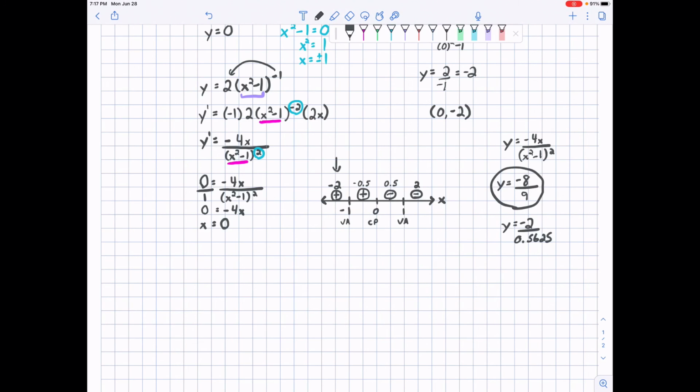So you may be asking yourself, how does this help me create a diagram? Well, I'm going to draw a little x-axis here. And there's another video on using the second derivative and putting it all together. But just so we can see how this works, I know I've got my vertical asymptote here, and I know I've got my vertical asymptote here. Here is my y-axis, and as we figured out above, I have a y-intercept at negative 2, so down here.